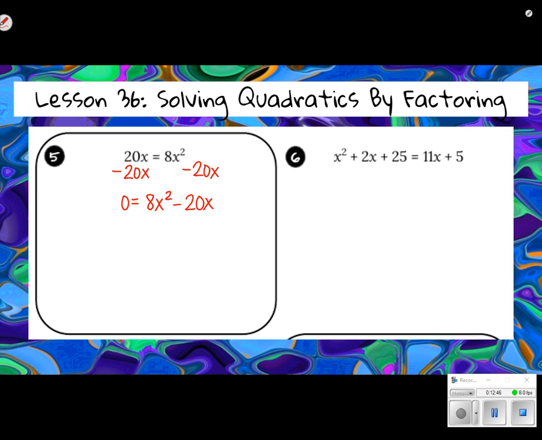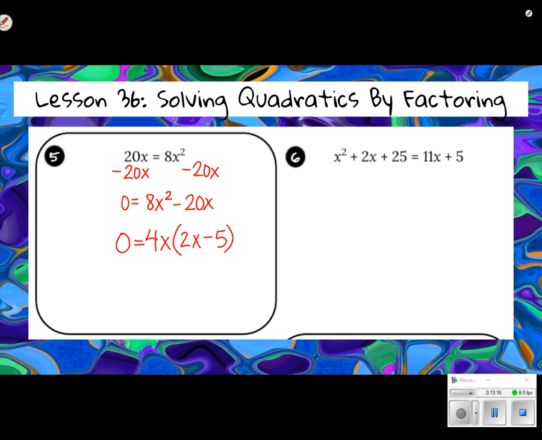Now, notice that I'm missing my constant. So because I'm missing my constant, the easiest and actually the best thing that I can do is just find a greatest common factor. So let's play around with that. So let's see, 8 and 20, I would say greatest common factor 4, x squared and x is the greatest common factor. All right, so that would mean 8 divided by 4 is 2, x minus 5 equals 0.